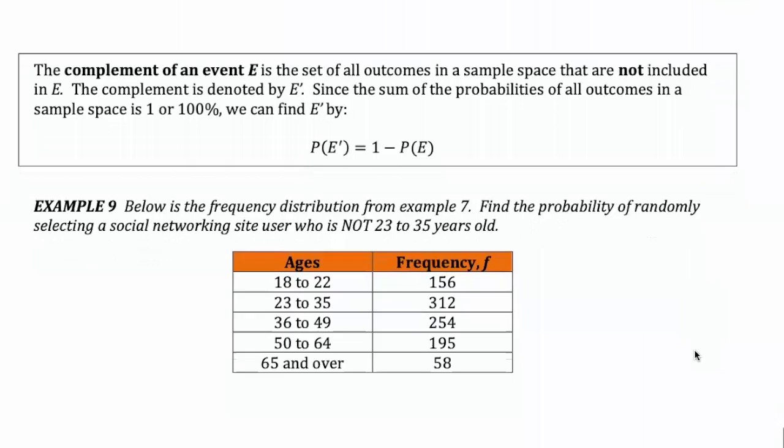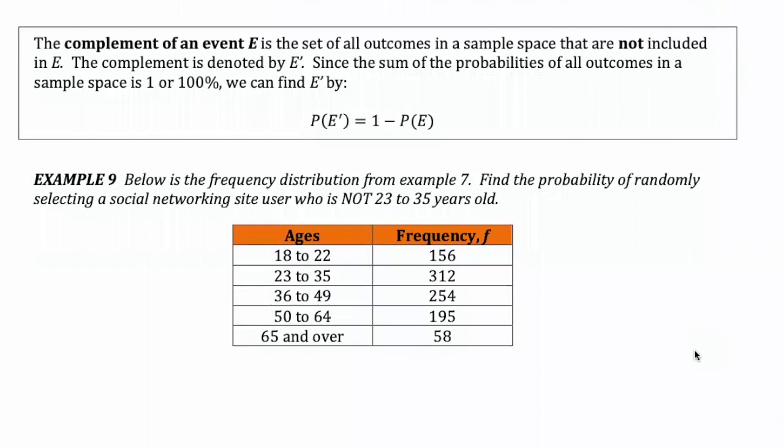The last concept in this introductory section is how to determine the complement of an event. So once we know the probability that something does happen, what's the probability that it doesn't? So the complement is the set of all outcomes in a sample space that are not included in the event you're focused on. The complement is denoted by this notation, E with this little apostrophe on it, which is a prime.